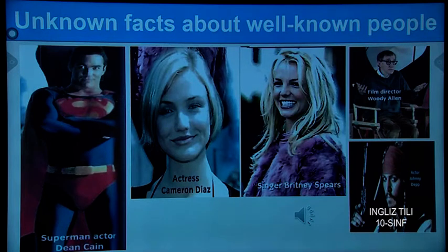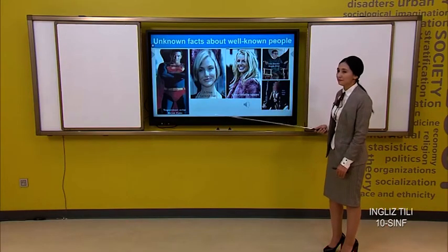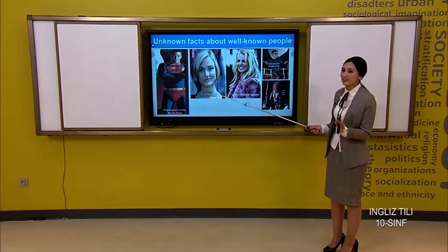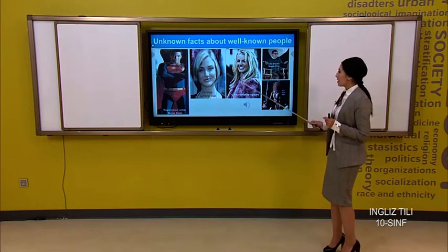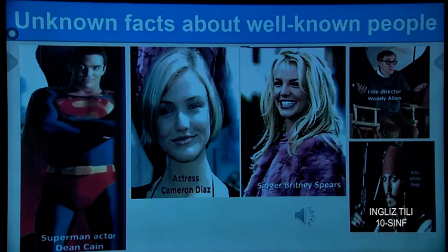Thank you, dears. I hope you liked our listening task. Let's do consolidation for this one. The first, Cameron Diaz. What kind of present simple sentence did you notice about her? She never watches TV. She doesn't have one at her home. What about Britney Spears? I hope your favorite singer she is.